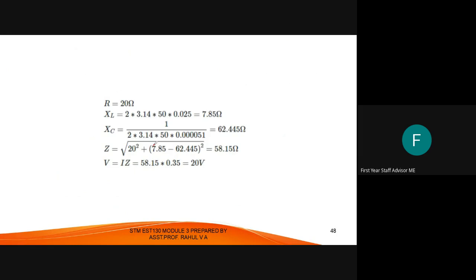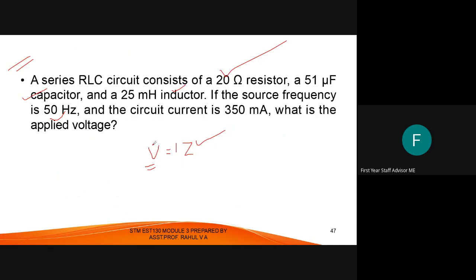Okay, take this same problem. So what we do is we have to find out the applied voltage along with the voltage across each component.